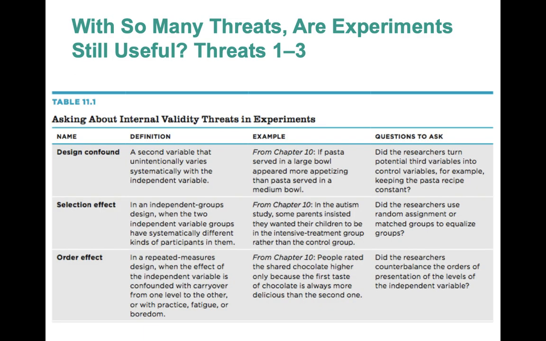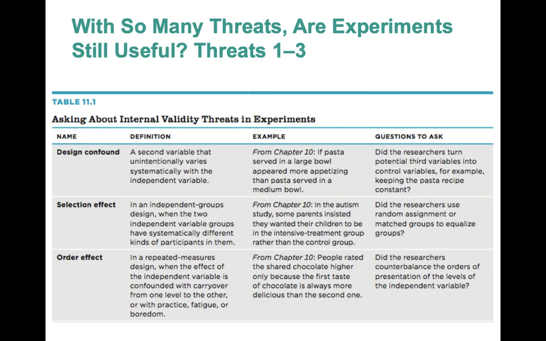All right, so many threats to internal validity. In fact, in this class so far, we've learned that there's 12 different threats to internal validity. I reviewed 3 last time, and then we learned 9 today. So you might think, why do we even bother to conduct all these experiments with all of these threats?